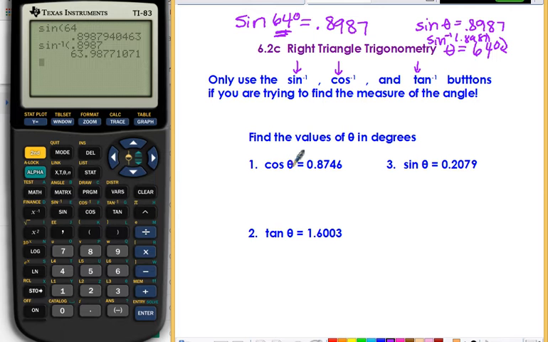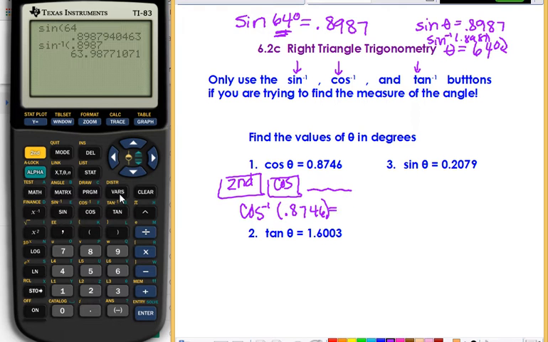The cosine of some angle is 0.8746. So I have to hit the second button, and this one's cosine. Then I type in the number. On my calculator screen, it's going to look like cosine with the -1, and then I type in 0.8746. Make sure you're trying this on your own calculator so that you can do these in a minute when I give you questions to answer.